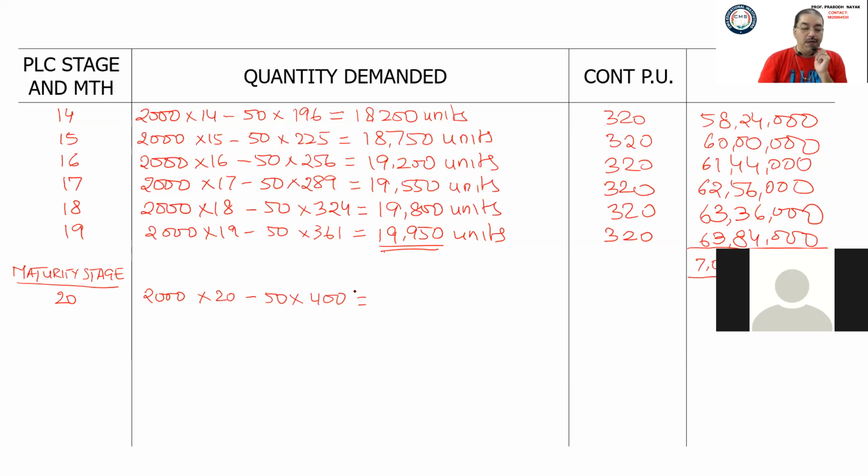So 2000 into 20 is 40,000. 40,000 minus 20,000 is 20,000 units.